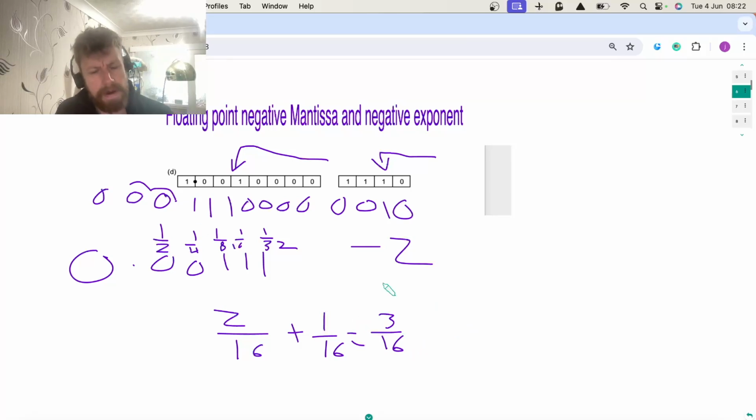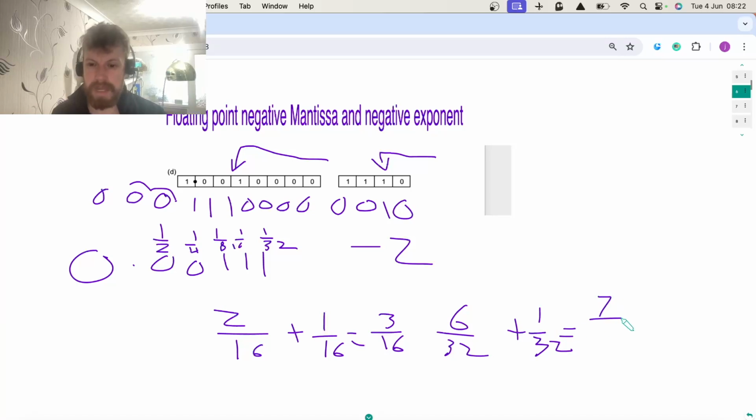And then I need to times that by 2, so that's going to give me 6 over 32, so that I can add it to the 1 over 32, which is going to give me that. Now, a mistake which everyone makes is forgetting to put the minus in. So negative mantissa, it's just a very, very small negative number, which is minus 7 over 32.